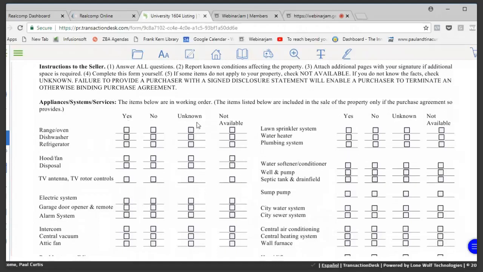Unknown, you don't know if it works. Not available, of course, is you're taking it with you or it's just not there. So in this case, we're going to say our range, yes, it is staying and it works. Dishwasher, no, we're saying we don't have a dishwasher. Refrigerator, we told them yes, we were leaving the refrigerator.